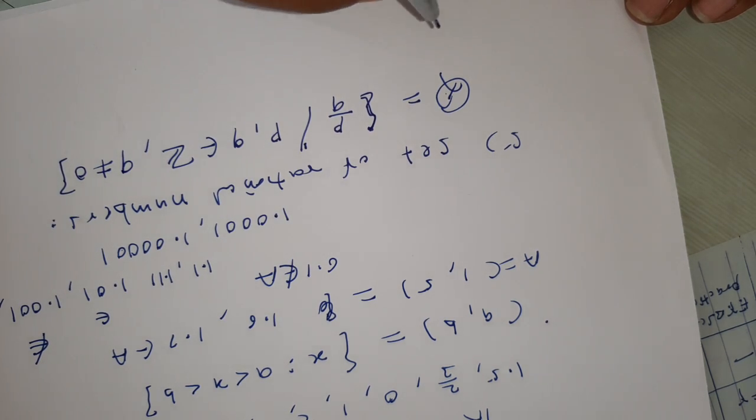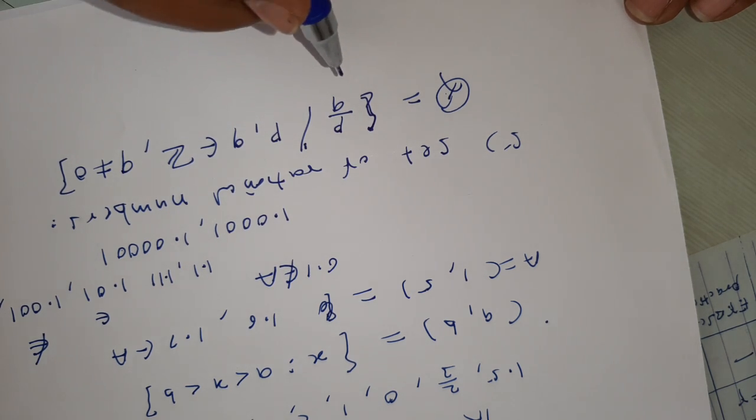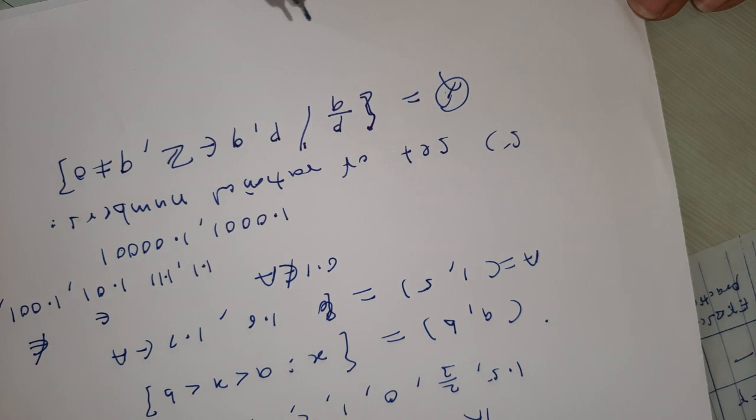So this is the set of rational numbers, that is, the numbers of the form P by Q or reducible to the form P by Q are called rational numbers.